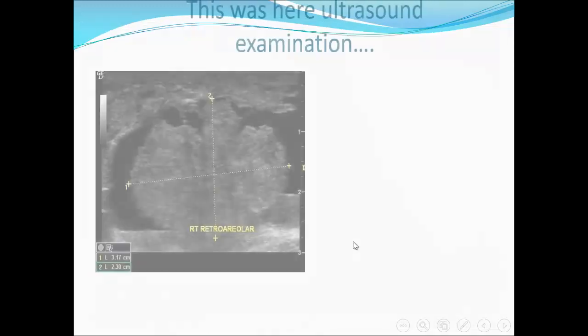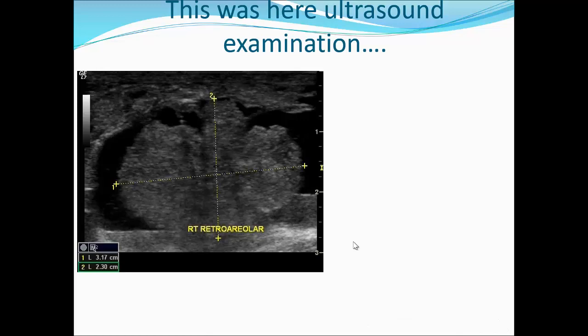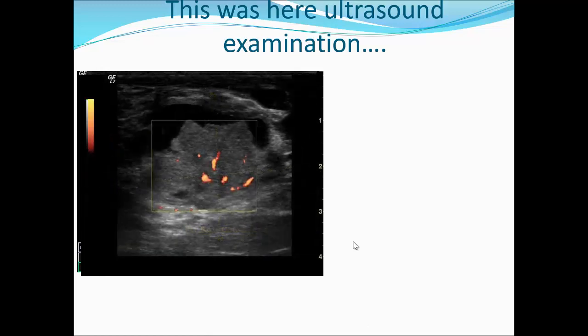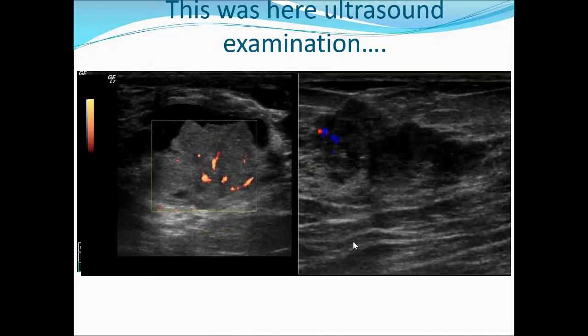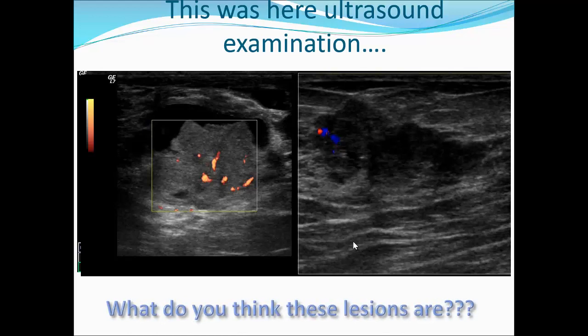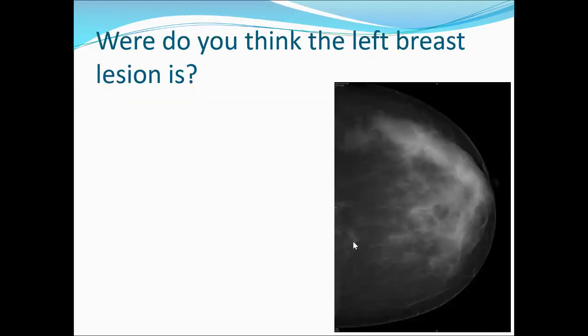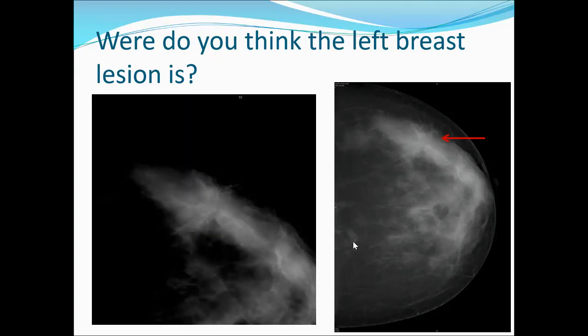So here there is a retroareolar mass on the right side, intracystic carcinoma, and unfortunately the patient has another mass in the other side. If we return back to mammography, this is the lesion. So she has double malignancy. So don't be entrapped.